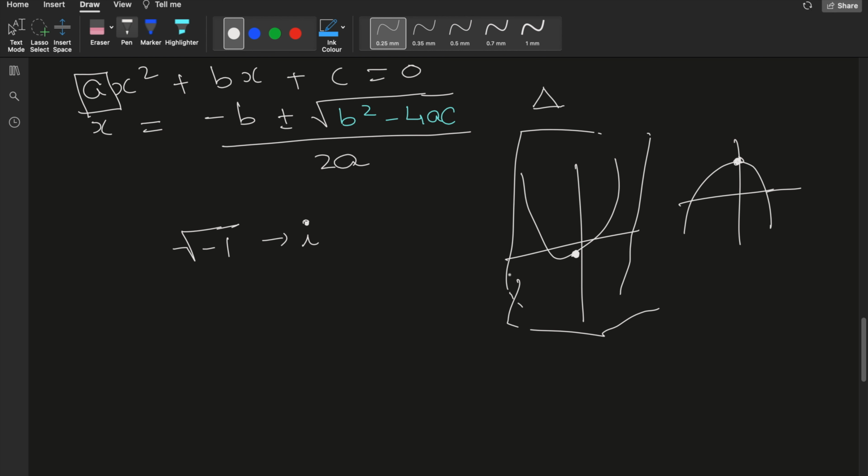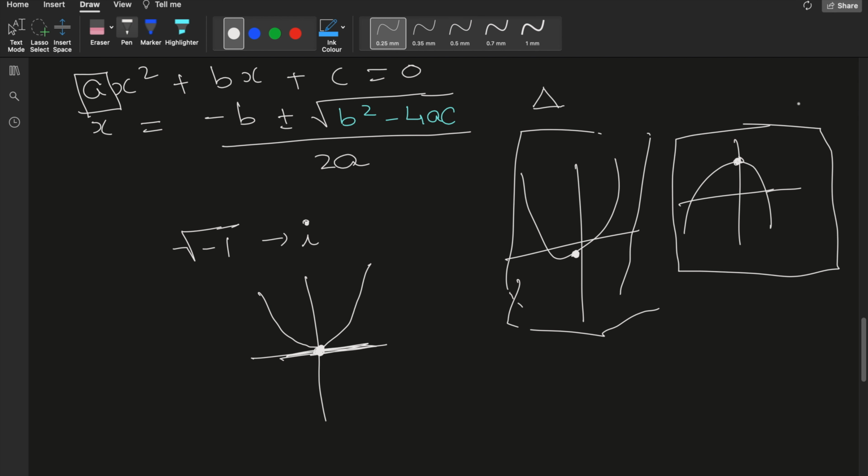I'll draw a better graph here. As we can see, this is the bottom point and there is nothing below this, so it is the minimum point. If a is less than 0, meaning it is negative, it will look something like this, and the vertex will be a maximum point.